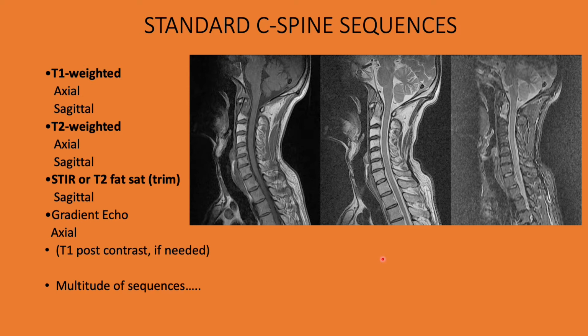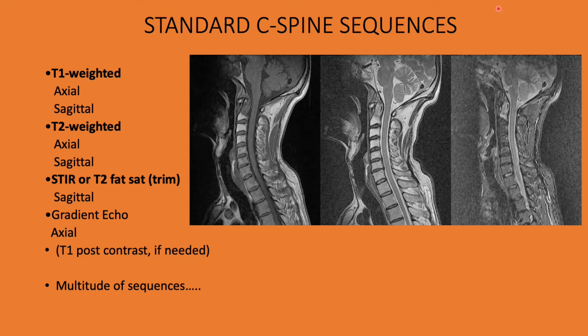And sometimes you have contrast injected, and hence you have a T1 post-contrast MRI. There are a multitude of sequences depending on the purpose and the location of how you want to do an MRI. But for cervical and lumbar spine, T1, T2, STIR image, and sometimes post-contrast image are the usual standard sequences.